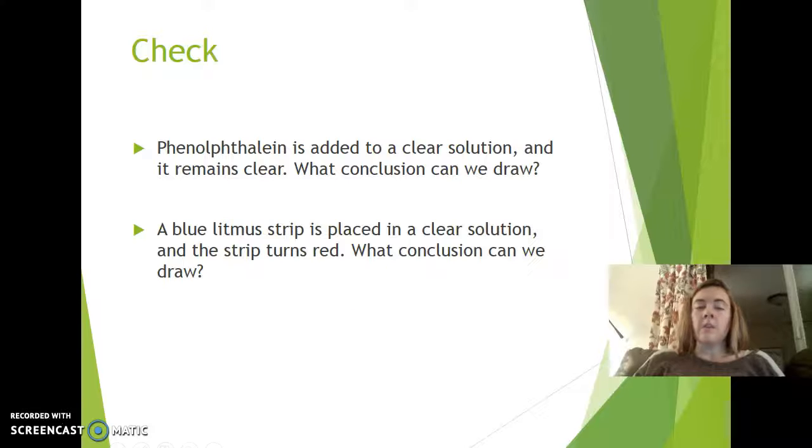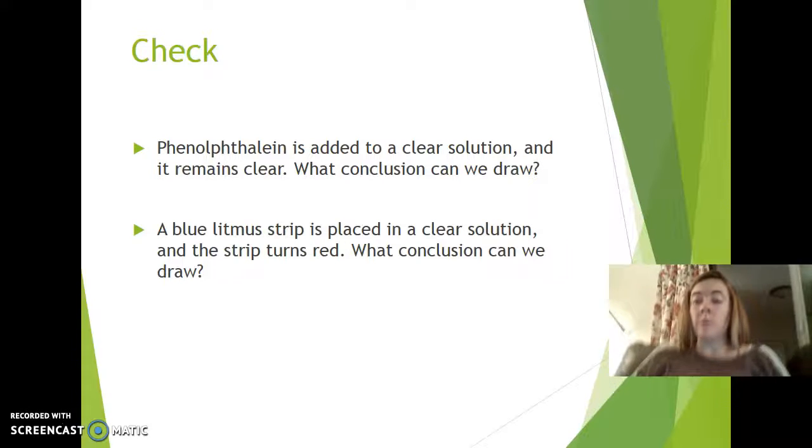Good. Here's another check. Phenolphthalein is added to a clear solution and it remains clear. What conclusions can we draw? Also think about this. A blue litmus strip is placed in a clear solution and the strip turns red. What conclusions can we draw?